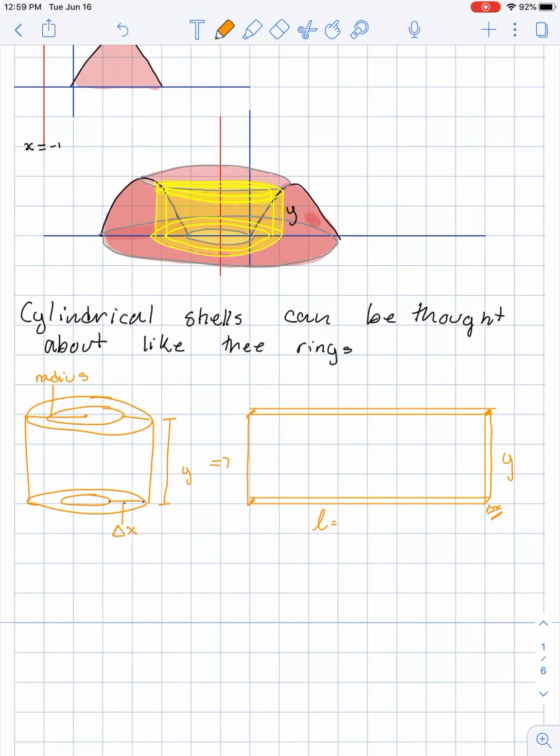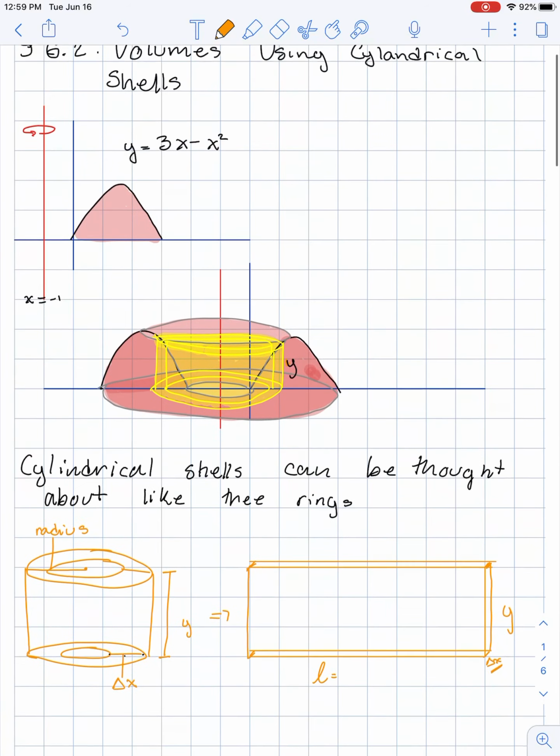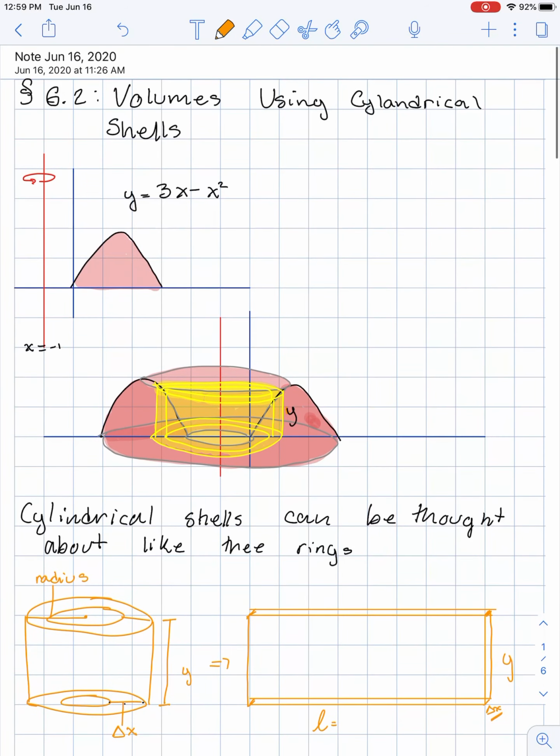And I had a radius when I had a cylinder, but now I'm going to have a length. So my radius here, looking back from x equals -1 to whatever this point was, that distance from x equals -1 to whatever value I'm going towards, these are x values.